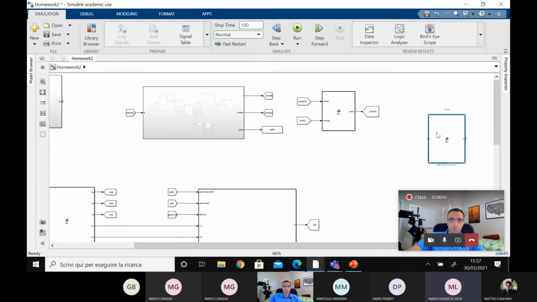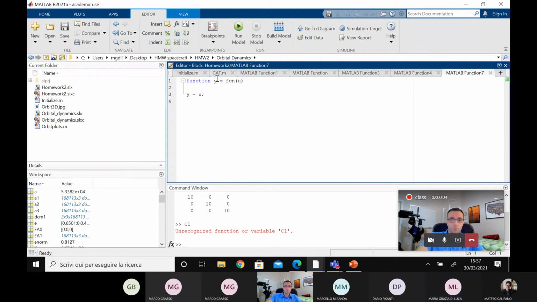Okay. So yes, maybe we can directly output the vector E. So this is a function of the body quaternion and the desired quaternion.